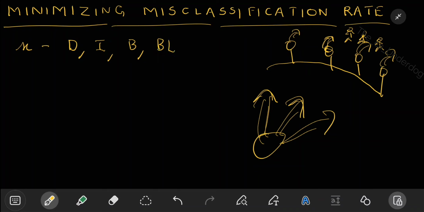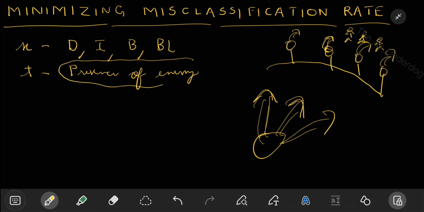These are the same criteria that we chose in the previous lecture so that you can relate these things. And what is the target? Target T. It is presence of enemy. You have to identify either there is a presence of enemy or there is not. This is your target. This is your X. Using this X, you want to reach this target. Either you have to say there is a presence of enemy or you have to say no enemy.